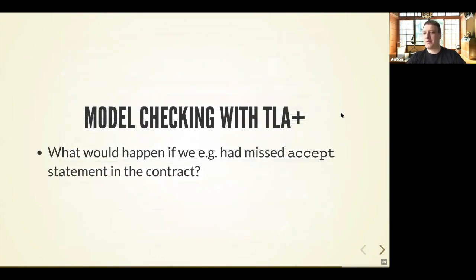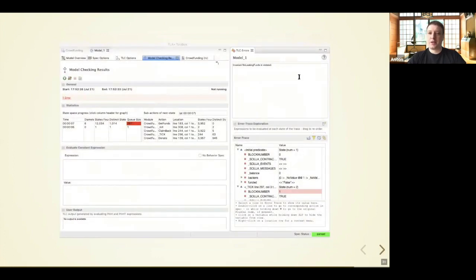But what would happen if, for example, we had missed the accept statement in the contract? What if we recorded the donation from some backer, but didn't really use the accept statement, which basically increases your balance? The contract without this accept statement does not do that. When you run the TLA+ Toolbox, you get this one error. It says that the invariant called no leaking funds is violated.